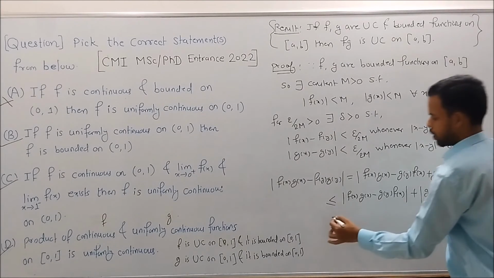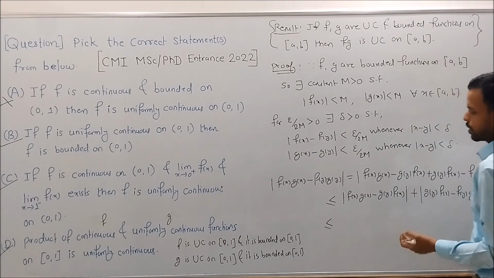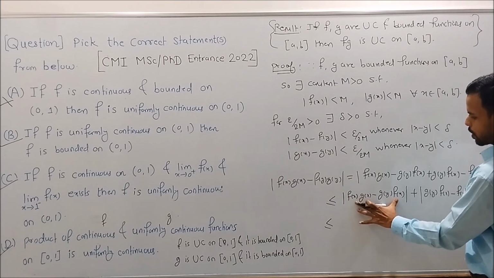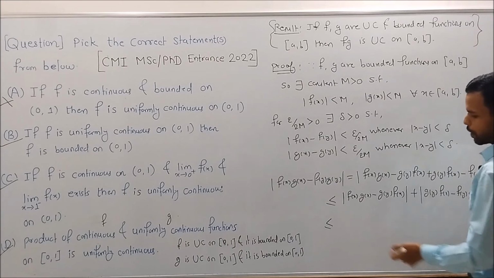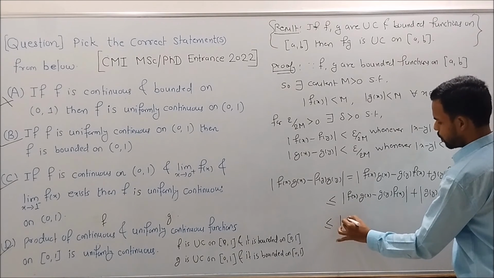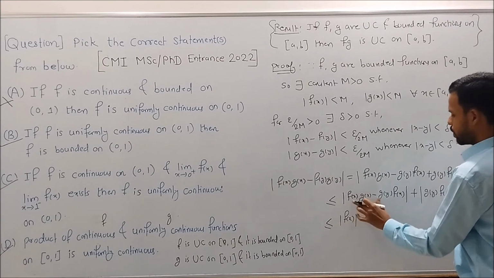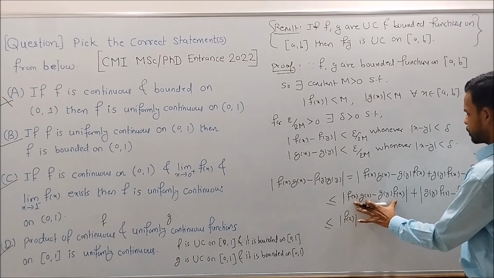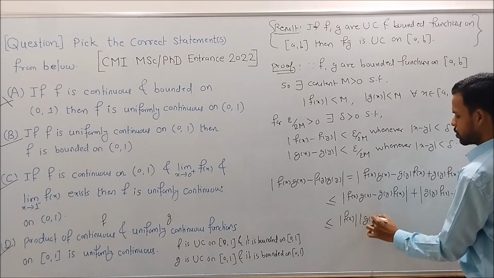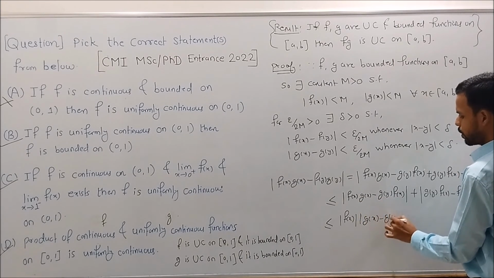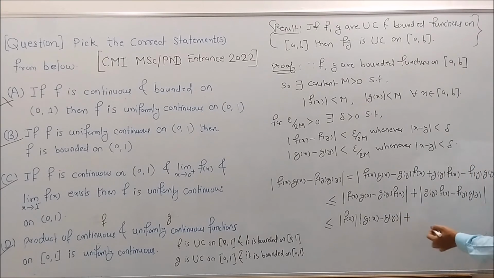Now again, using the properties of the absolute value function, this can be written as mod of f(x) times mod of g(x) minus g(y) plus mod of g(y) times mod of f(x) minus f(y).